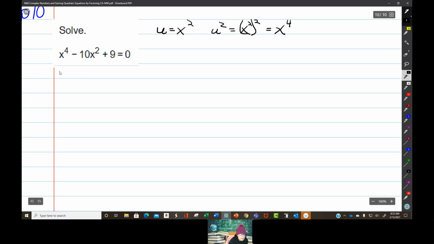So I will rewrite this as U squared minus 10U plus 9 equals 0. And the leading coefficient is 1. So, equals 0. I'll put a U here and a U here.